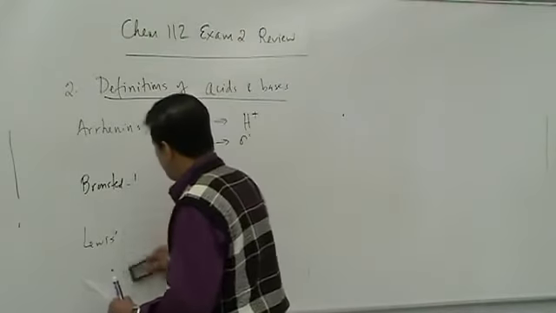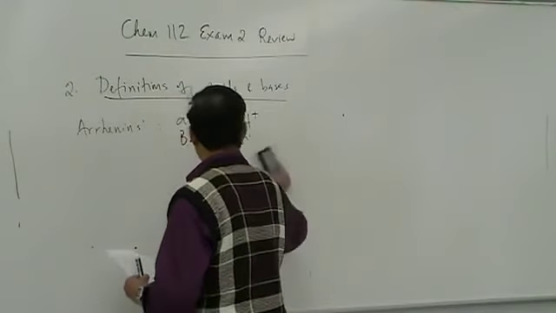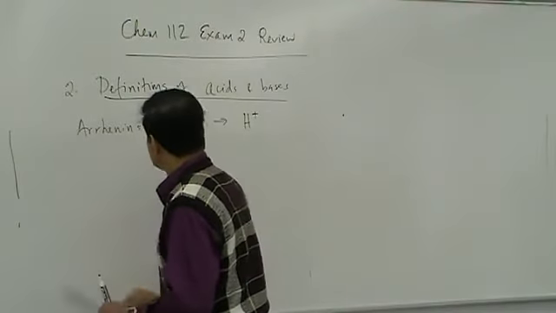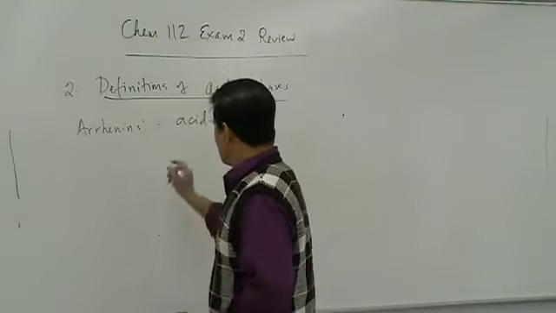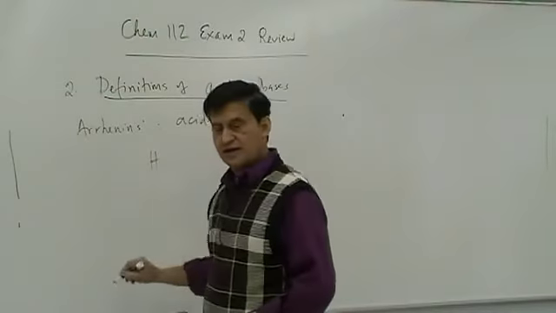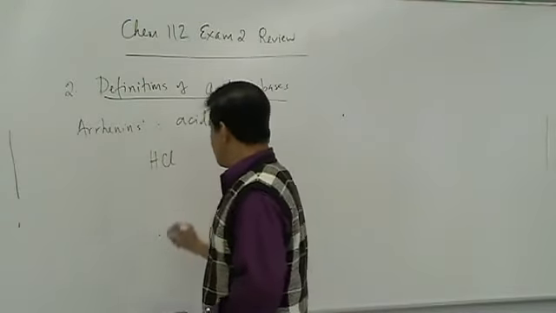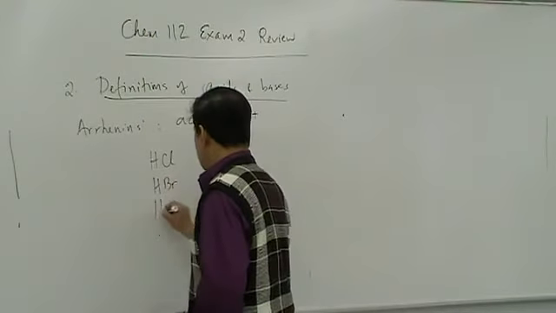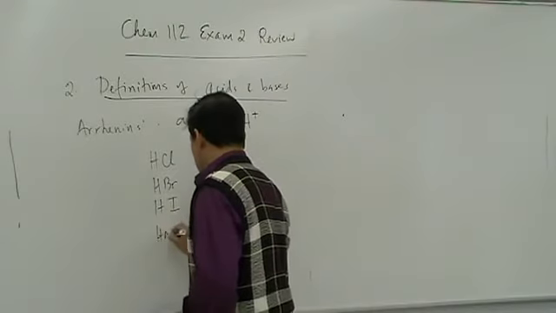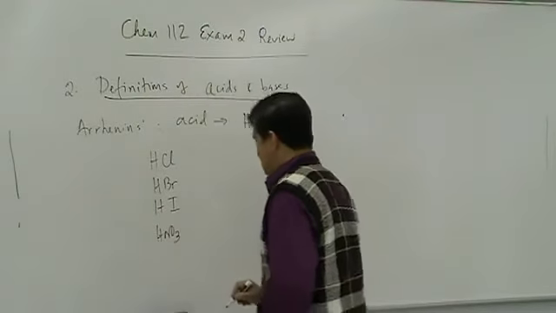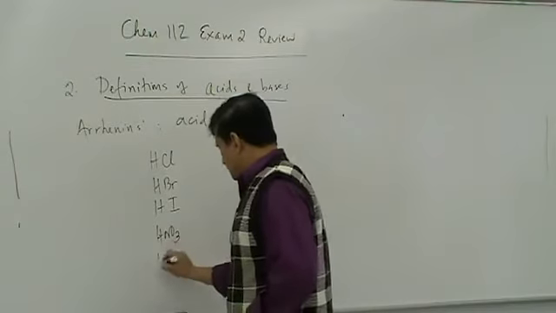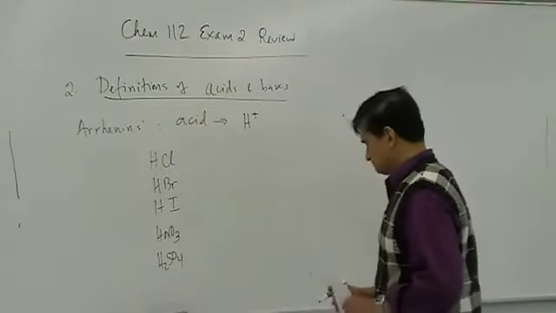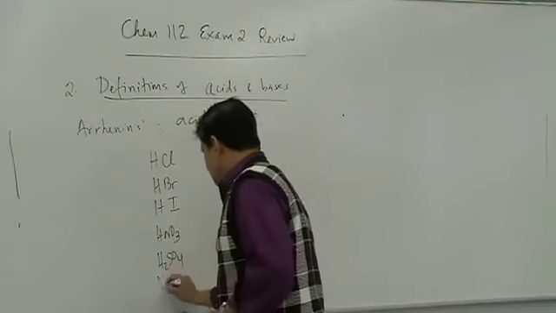Before I move to the next problem, I'd like you to know which ones are strong acids in Arrhenius' definition. In my lecture notes you also get a series of compounds: HCl, HBr, HI, HNO3, H2SO4 (the first hydrogen of H2SO4 is a strong acid), and HClO4.